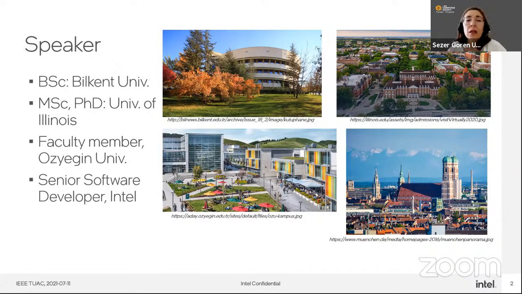Research interests include programming languages, compilers, debugging tools, and software engineering. So I would like to welcome Dr. Barış Aktemur. Barış, I'm very happy to have you here. So I believe it's going to be a very nice presentation, and the floor is yours, Barış.